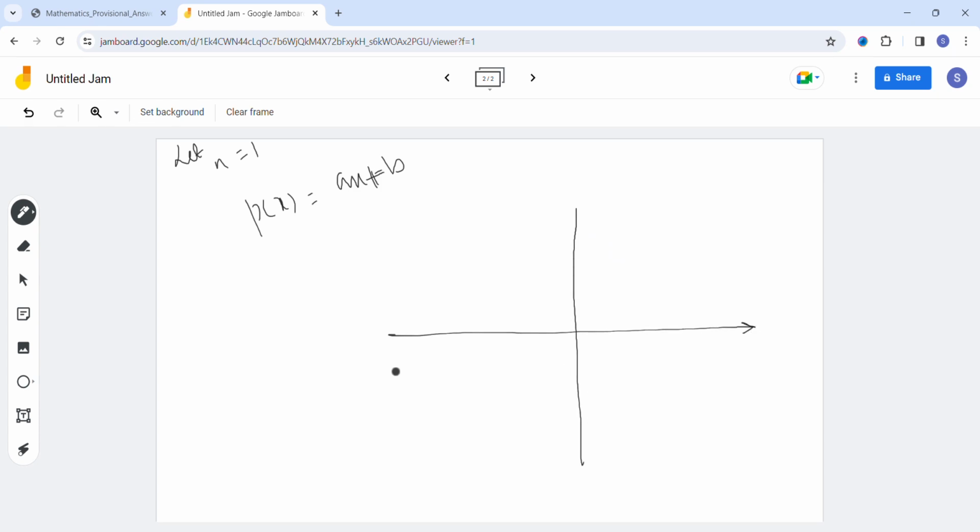Say this one is the x-axis and y-axis, and this one is basically the graph of e to the x. Now you can draw any straight line.